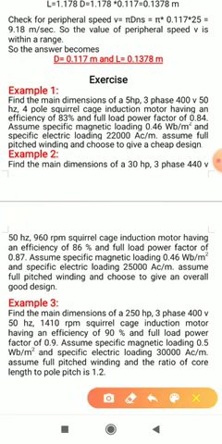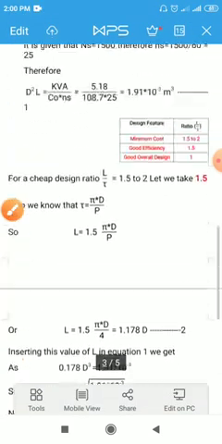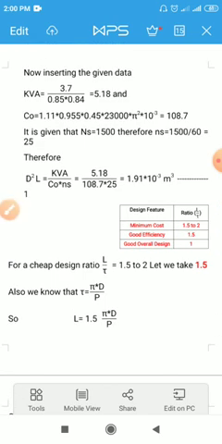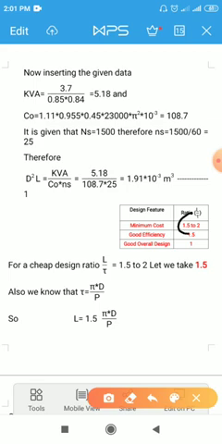But in the given example, you can see it is asked to calculate the main dimensions at a minimum cost, but the L by tau ratio for minimum cost is not a fixed value, it is between 1.5 to 2. So here we have selected 1.5, but is 1.5 correct, or do we have to choose 2, 1.6, 1.7, something like that.